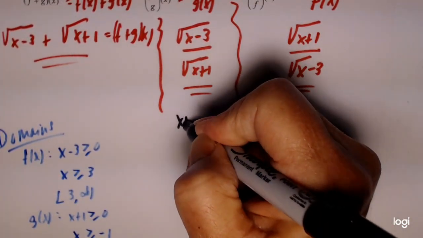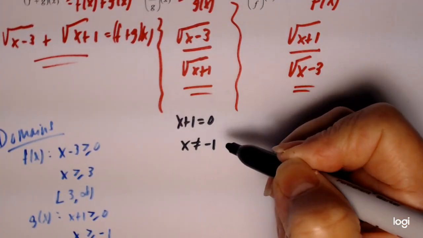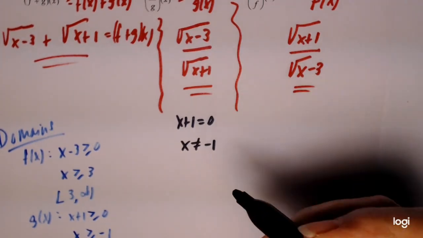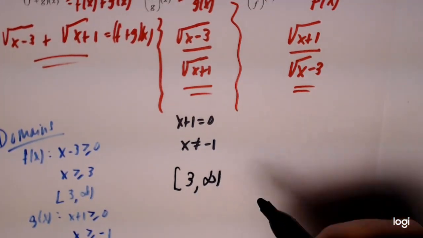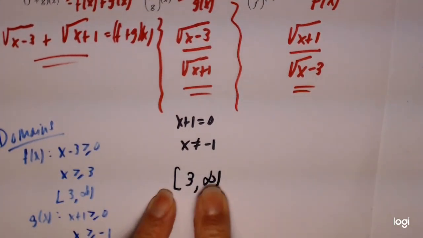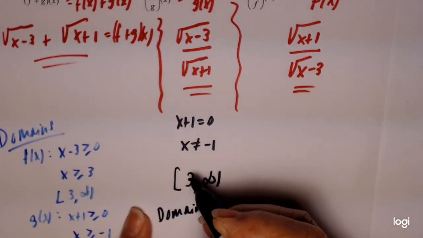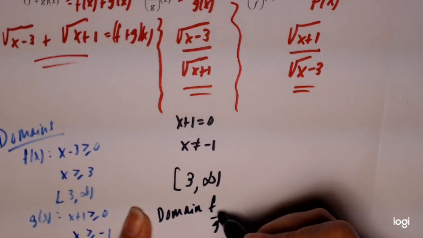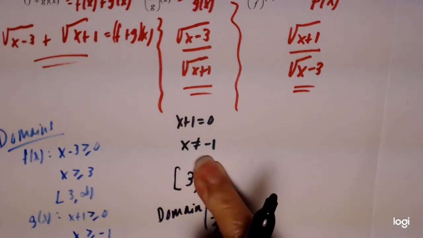So we look at this x plus 1 equals 0. X cannot be -1. So let's look at our domain that we're considering using, the 3 to infinity. Is -1 in this interval? Nope, it's not. So this would be the domain we would use for our f over g of x. That domain works perfectly fine because the number from the denominator to be excluded is not in this interval.